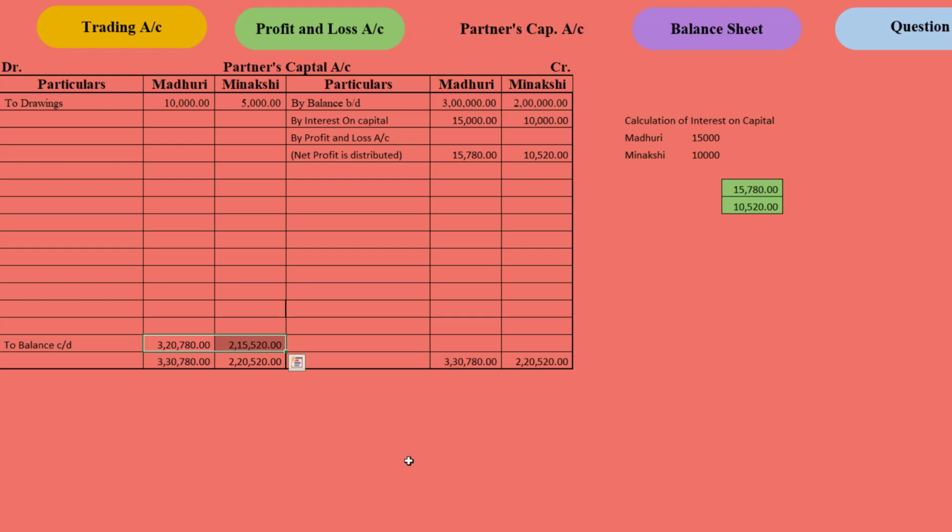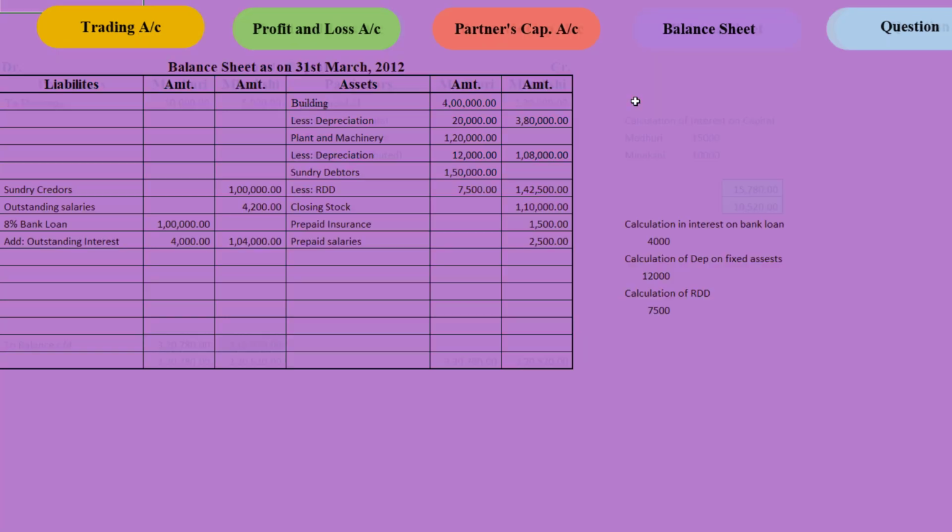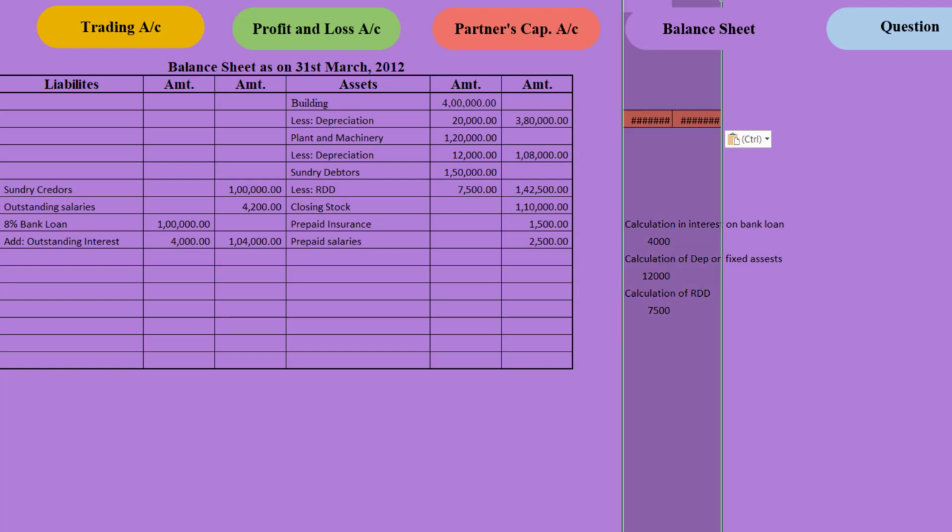I'll take this amount for my reference. This is the amount.